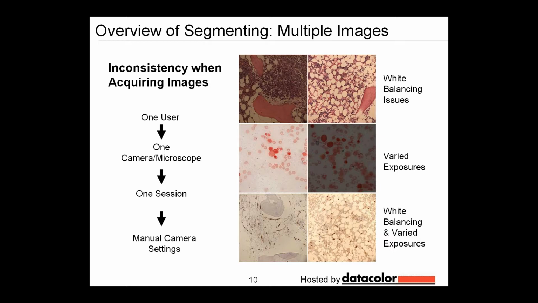The person who took this image was unfamiliar with the camera, and the major problems have to do with white balancing issues. The background here should be a neutral white, and with varied exposures. And as you can imagine, this is just one user on one camera and microscope, and this is just one session using manual camera settings, but imagine what it would be like if you had more than one user, more than one microscope, and more than one session.